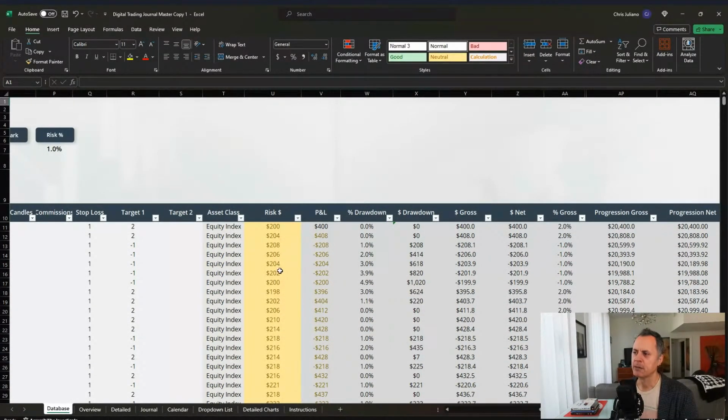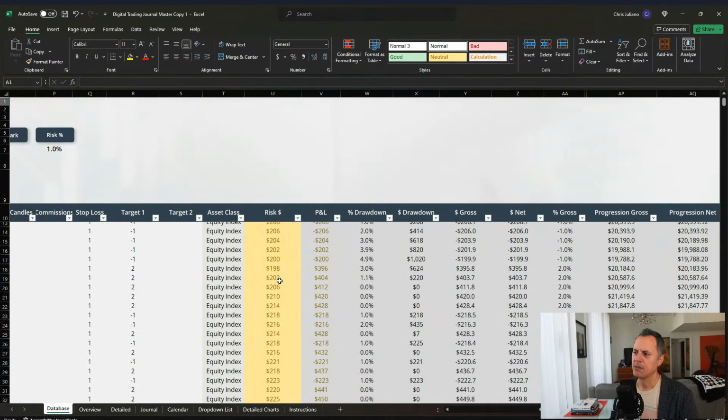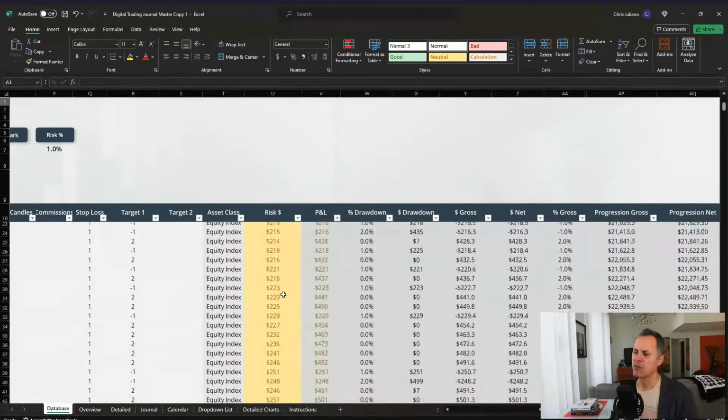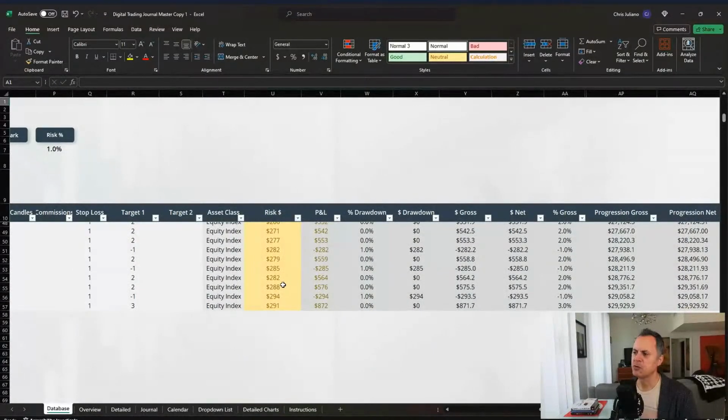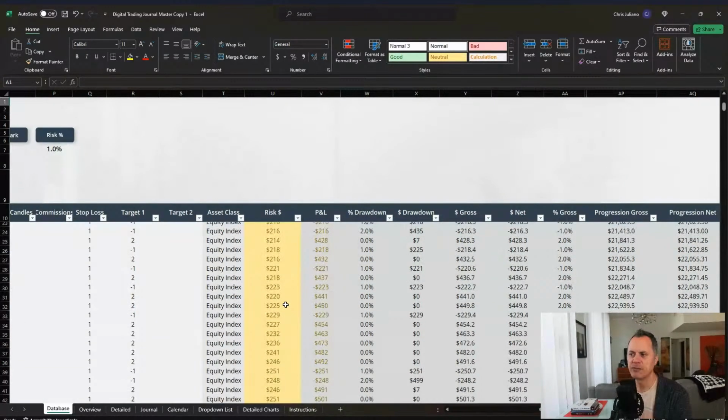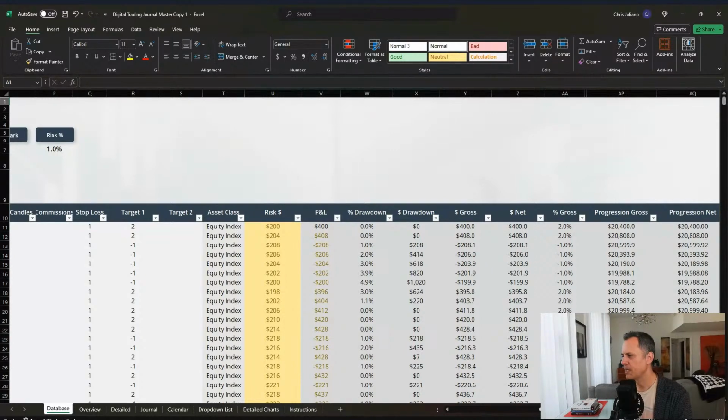As you win, your risk goes up. Here's a little bit of a drawdown. So this was the risk. At the end of the 1 month and 2 weeks, the risk was $291. You compound the risk, and that's how you make money.